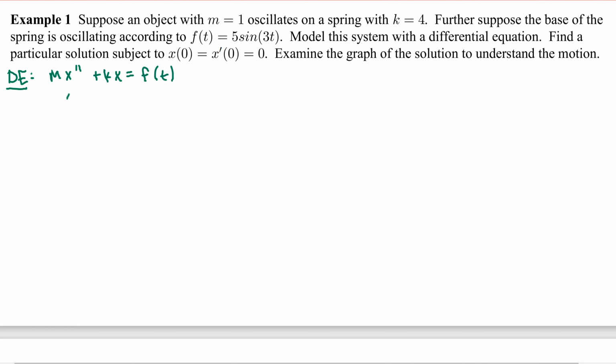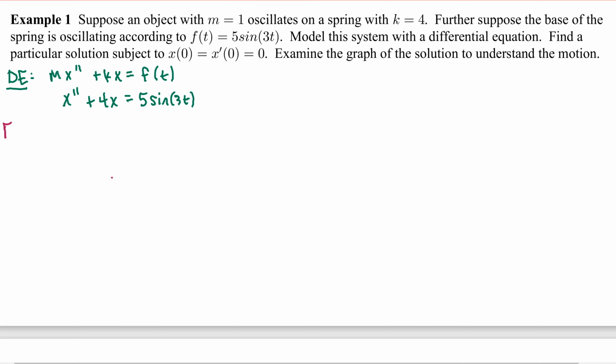M in this case is given to be 1 and k is given to be 4. Our external forcing function is 5 sine of 3t. So it's a periodic, regular, external harmonic oscillator. So we can imagine again the base of our spring mass system oscillating, which affects the natural oscillation of the spring mass system. Let's work on the mathematics part, solving the differential equation.